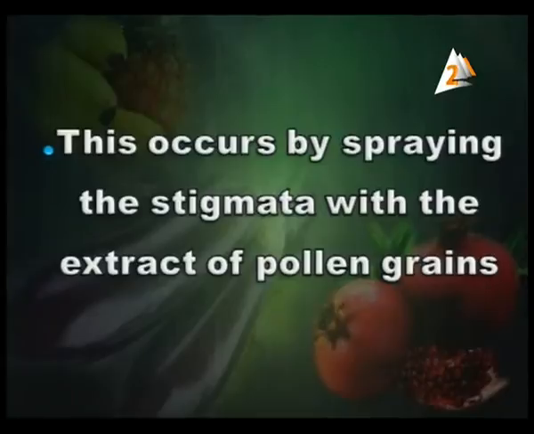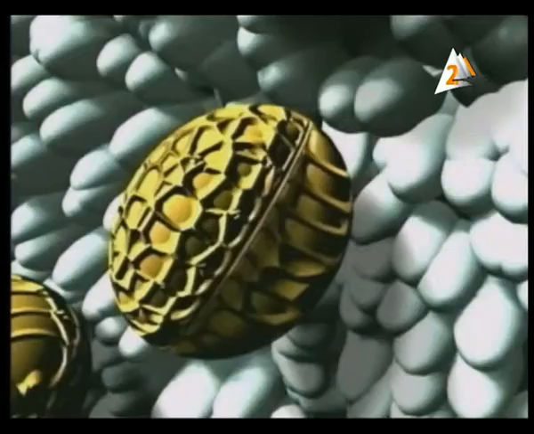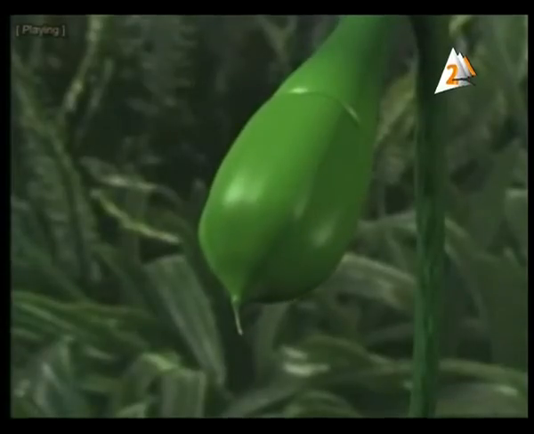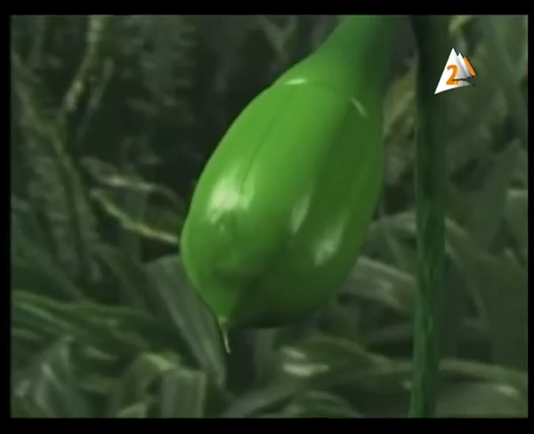The artificial one occurs by spraying the stigma with an extract of pollen grains, a pollen grains powder in ether solution, such as indole or naphthalene acetic acid. So it stimulates the ovary to form the fruit.